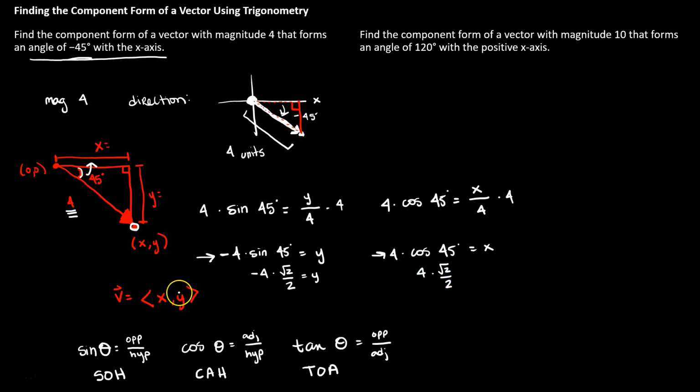So the vector that we're looking for, instead of having x and y in a general sense, we can plug in the actual x value, which would be 2 root 2, and we can plug in the actual y value, which would be negative 2 root 2. So if we are given the magnitude and a direction angle for a vector, we can use trigonometry to convert back into component form, which will be useful for manipulating that vector.